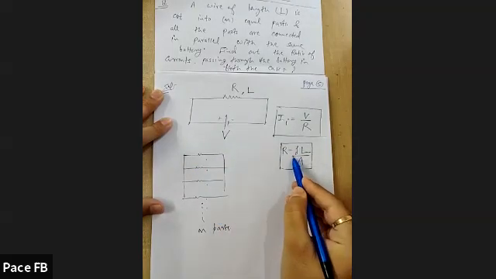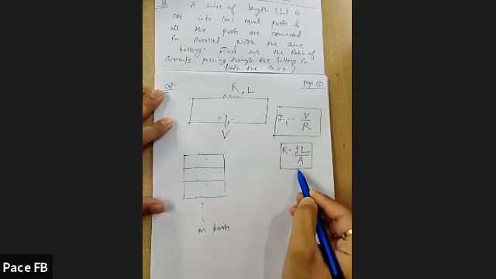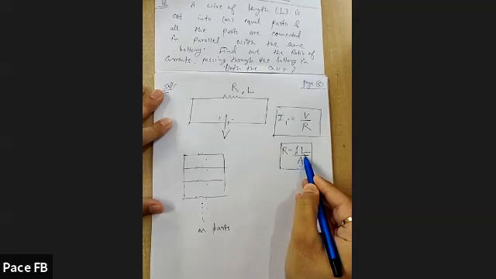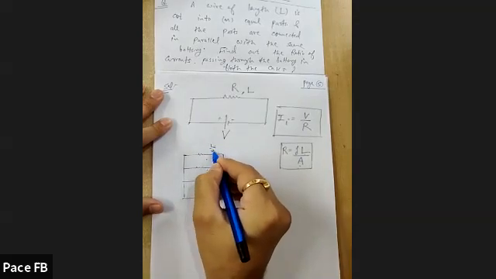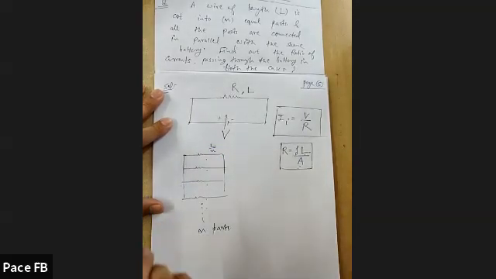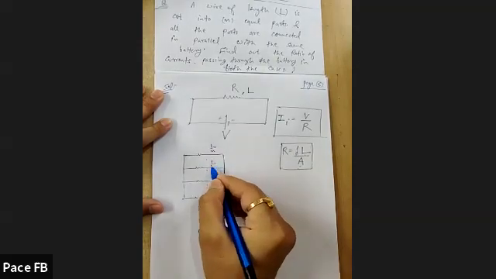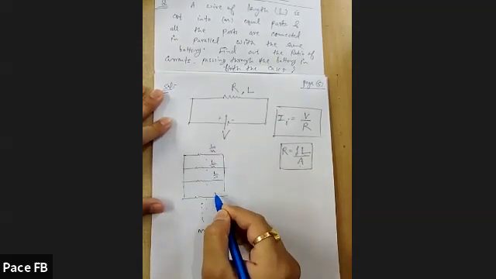Only L will change. What would be the length of each part? Now the length will become L by N, because I have cut this wire into n equal parts.